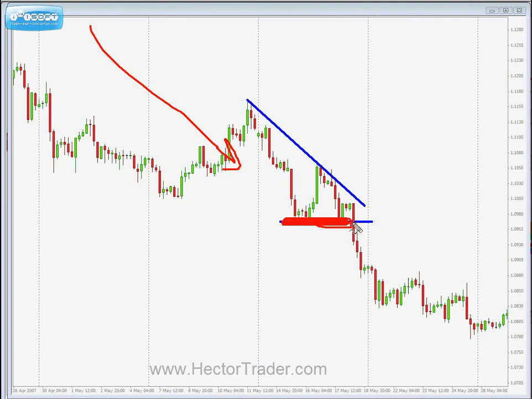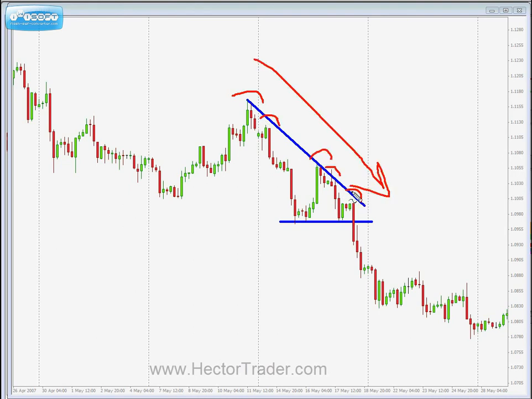This is the main level you want to set your sound alarms to, perhaps a couple of pips below that, and from there simply follow whether you are making lower highs. If you're making lower highs, the pressure is definitely being built onto the downside upon this very level, and once it gives way, you are good to go to search for a short entry.